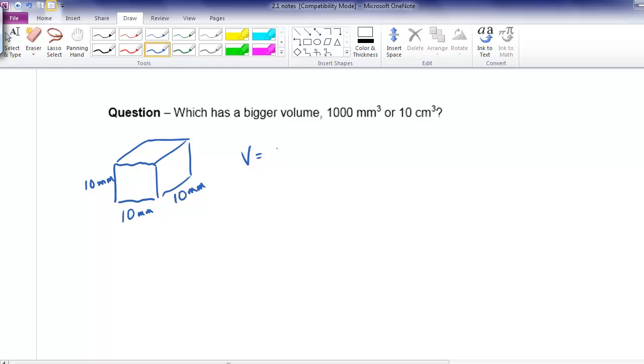And we know the volume of this cube is equal to L times W times H, if that's the way you want to say it. So we might see the volume of a rectangular prism to be L times W times H. We also see the letter B, and what B represents is the area of the base.